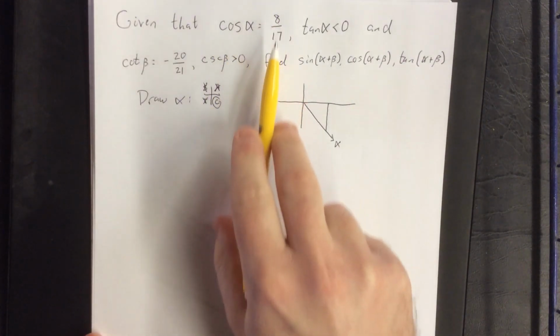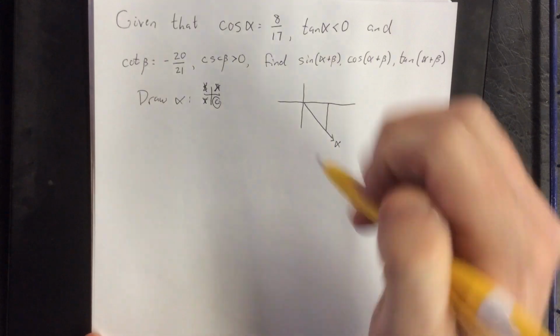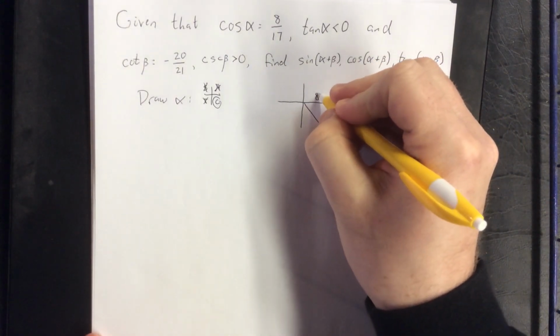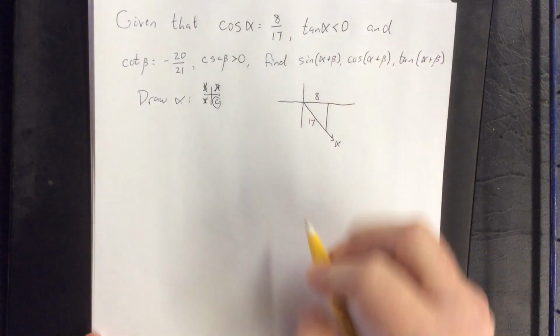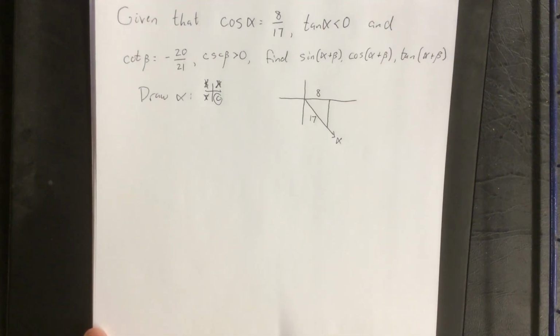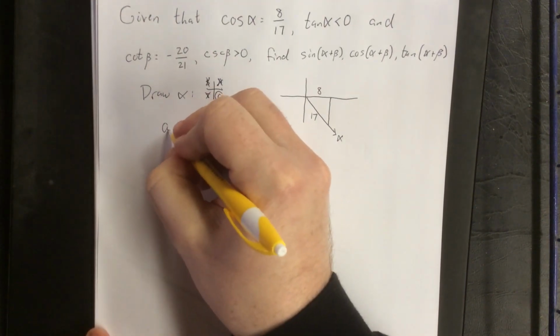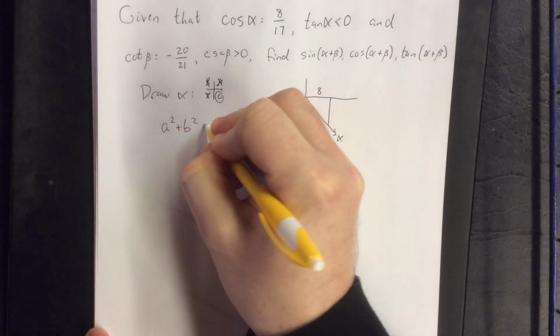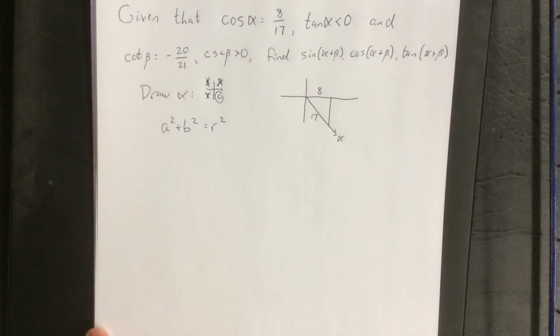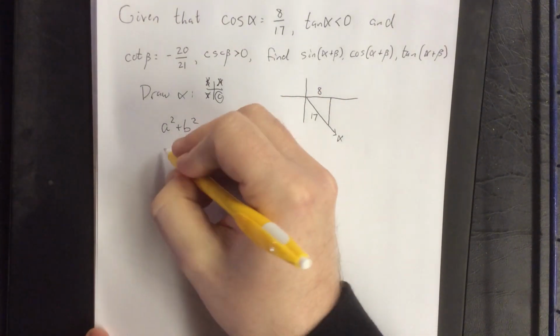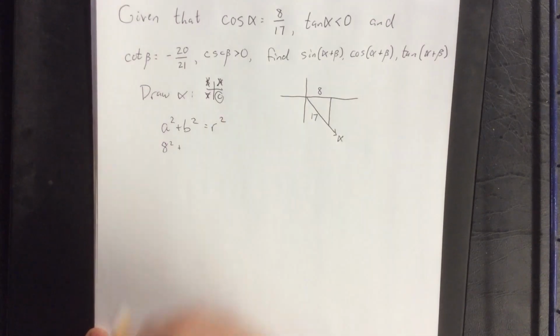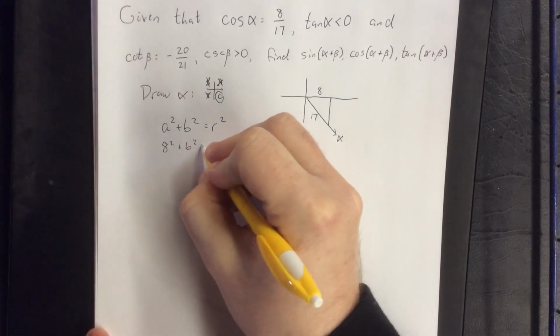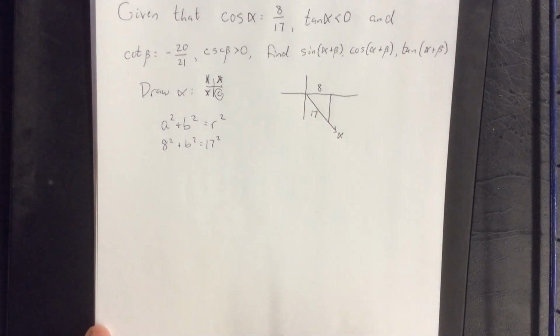Now according to SOHCAHTOA, cosine is supposed to be the adjacent over the hypotenuse. That'll be an adjacent side of 8, which is positive in quadrant 4, and a hypotenuse of 17. As soon as you have two sides of your right triangle, we will proceed to the Pythagorean theorem. A squared plus b squared is r squared, also known as 8 squared plus b squared is equal to 17 squared.